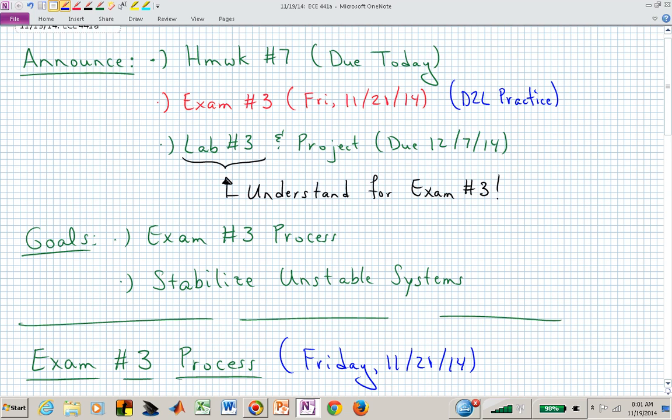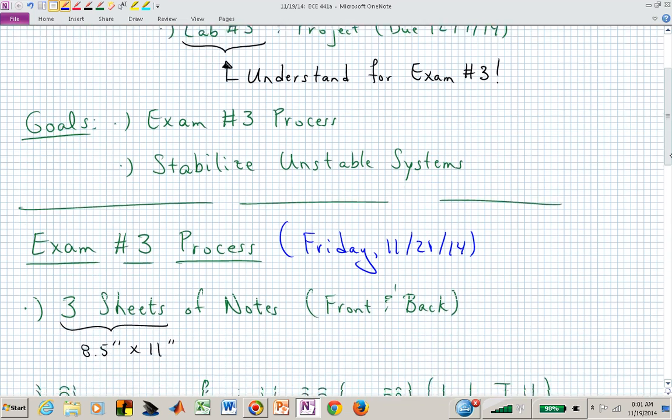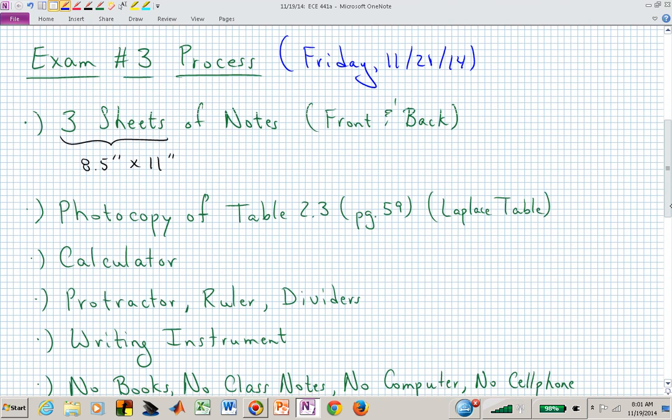We haven't really been dealing yet with an unstable system too much, and let's see what we can do with the knowledge that we possess in terms of where we place poles and zeros if we need to stabilize an unstable system. The process for exam 3 should be consistent with what we've had so far this semester.